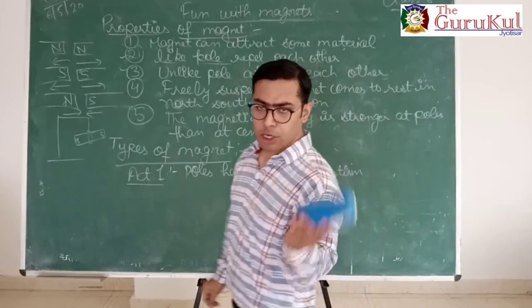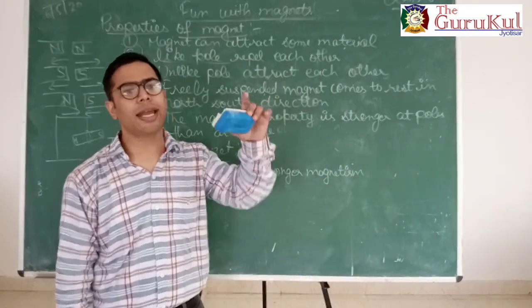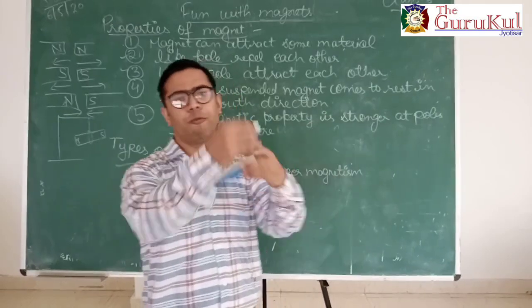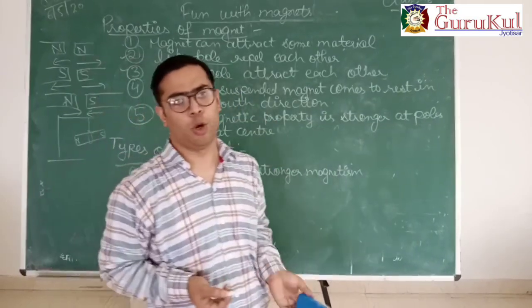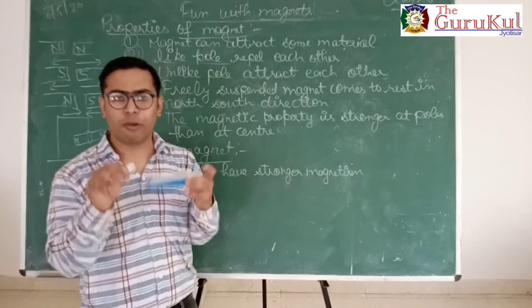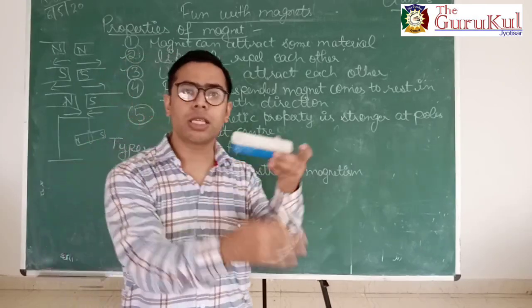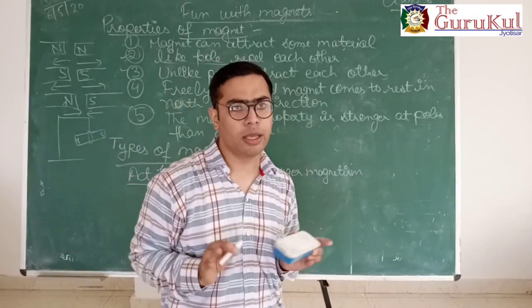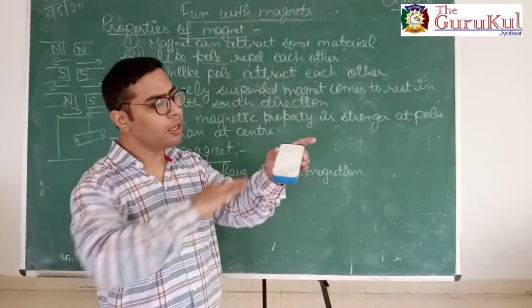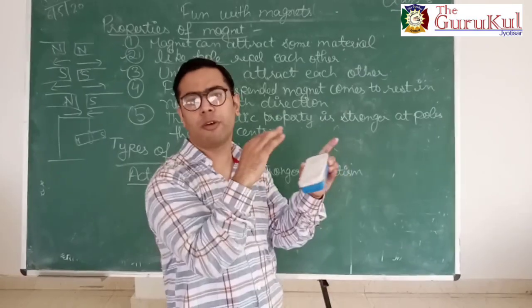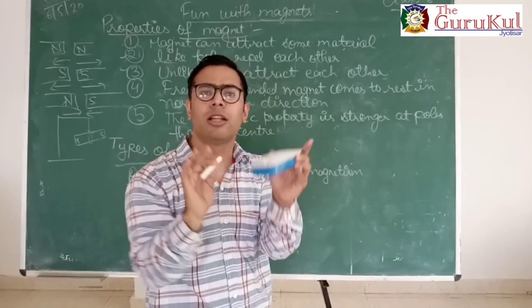So students, you can do this at home. Take any small magnet and cover it with polythene or a plastic bag. Cover it in such a way that the plastic wrap is uniform, meaning it should not be that on one end there are 2 layers and on the other end only 1 layer.